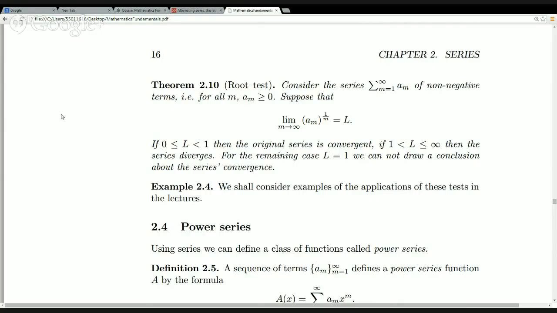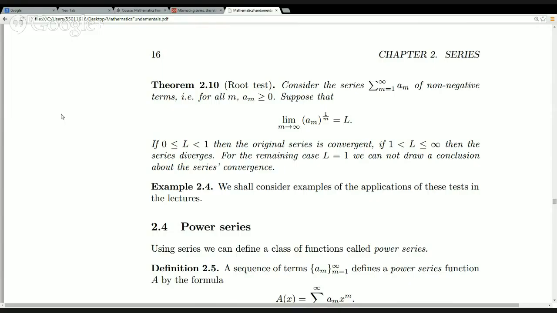So this quantity then will be simpler, and so we can analyze the behavior of this simpler quantity, and if we can do that successfully, we can deduce the convergent, divergent behavior of the original series.